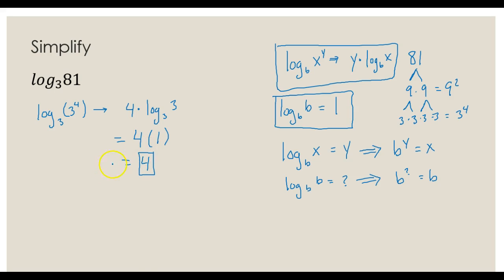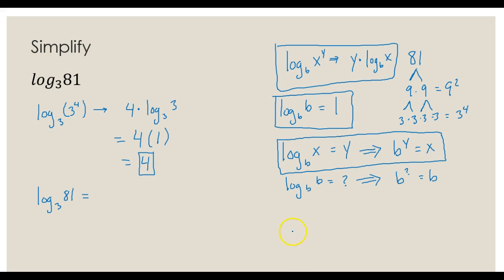There was another way to do this if you wanted to. It's kind of calculator dependent. Log base 3 of 81 equals, and we would use this rule. One more rule I'll write down here. I've given you 3 rules. Let's write this one down.